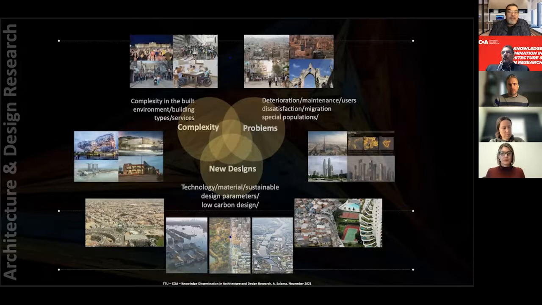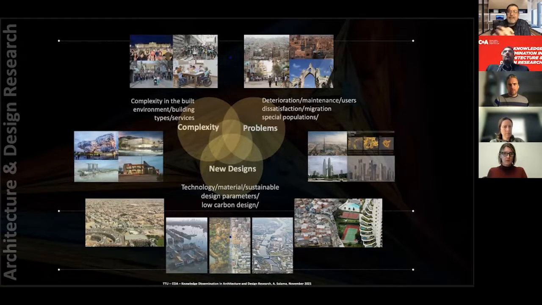There are three key challenges that we can capture here quickly. One, there is a complexity in these challenges in the built environment. The problems associated with the deterioration of the built environment are a second component that warrants the development of research in architecture and urbanism, along with the associated societal and environmental challenges. The emergence of new designs and technologies that have significant environmental implications is also an aspect that warrants research.